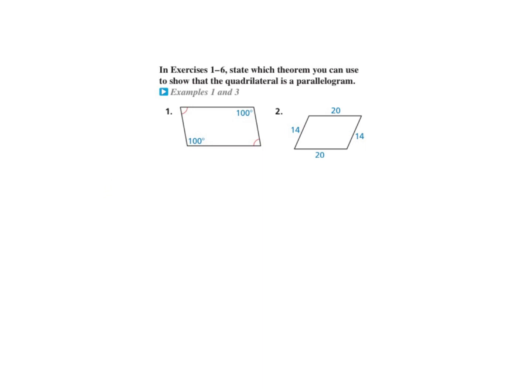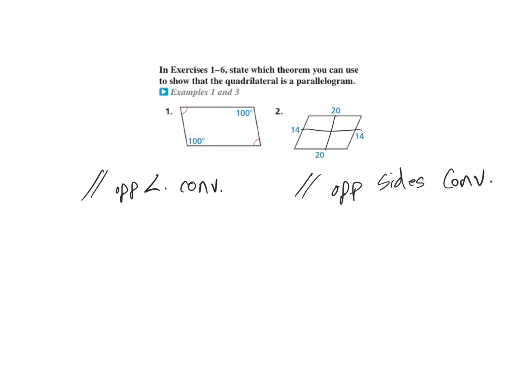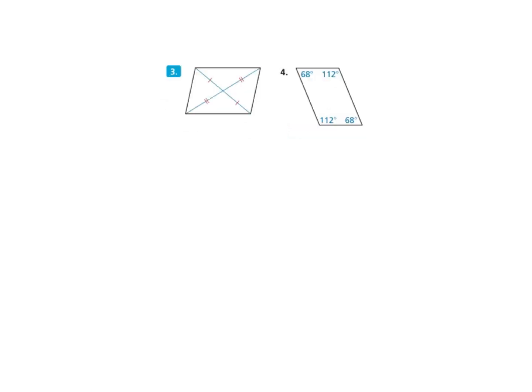So parallelogram, opposite angles converse theorem. And then on this side, on number 2, we have opposite sides. So parallelogram, opposite sides converse theorem. Number 3, you have diagonals that are bisecting each other.